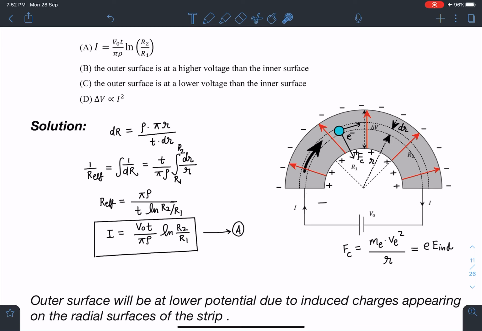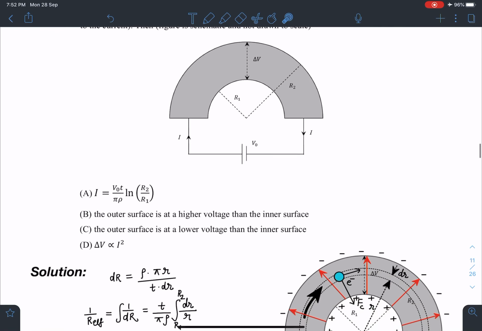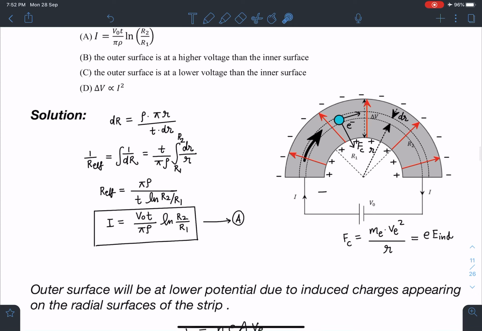Now look at these electrons which are traveling, because one more thing given here is that somehow a potential difference develops between the outer and inner surfaces. That happens mainly due to induced charges. Let's discuss how these induced charges develop. As electrons move along this circular path, to give them that turn there must be some centripetal force.